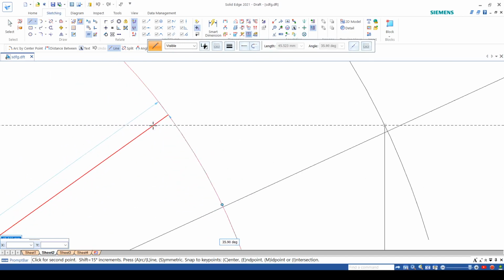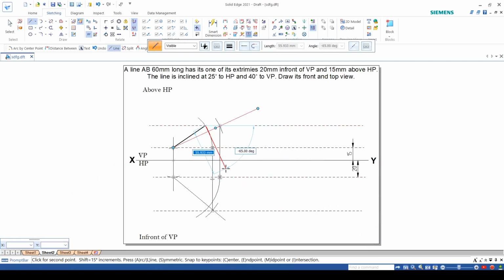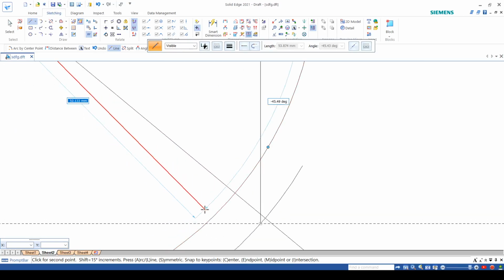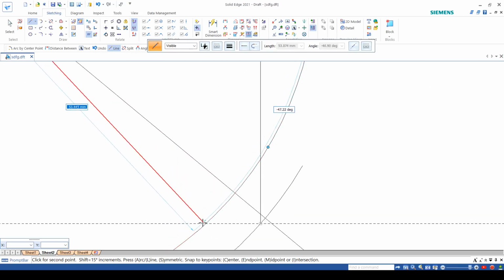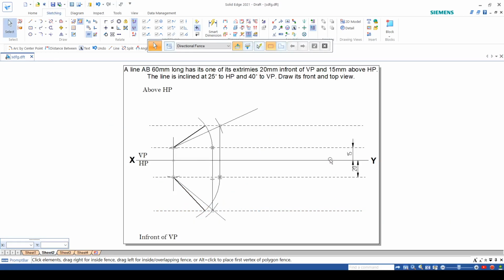I would just zoom it. Here it's not asked to draw its front view, top view, anything. I just forgot.